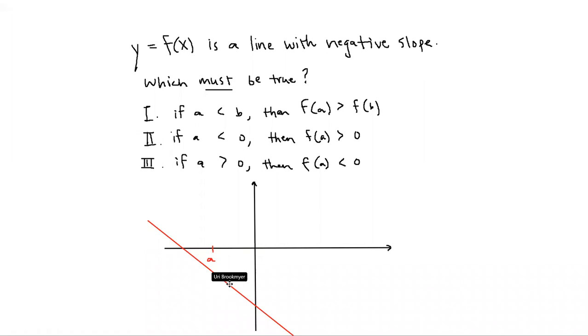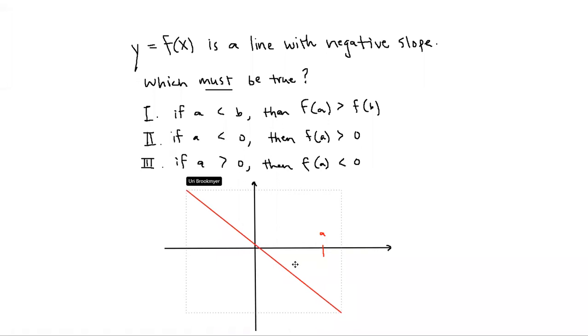Looking at option 3, if a is greater than 0, then f of a must be less than 0. Again, going back to the simplest case, where the line passes through the origin, we can see that if a is greater than 0, f of a is indeed less than 0. However, let's consider a different case.